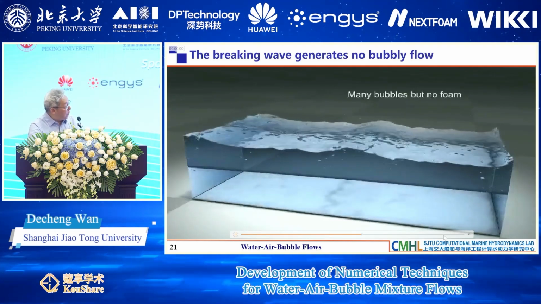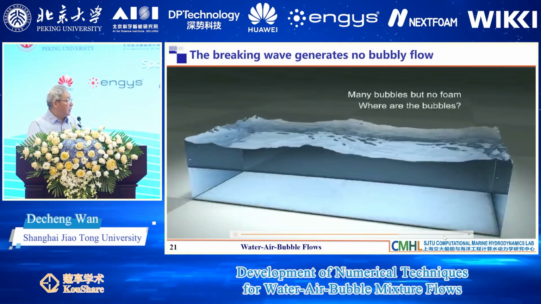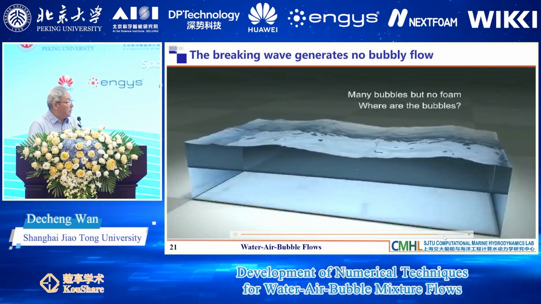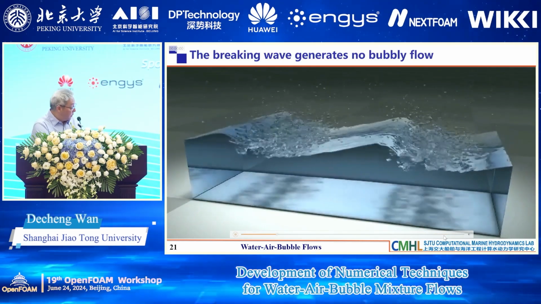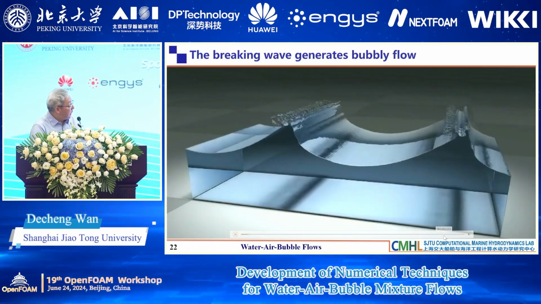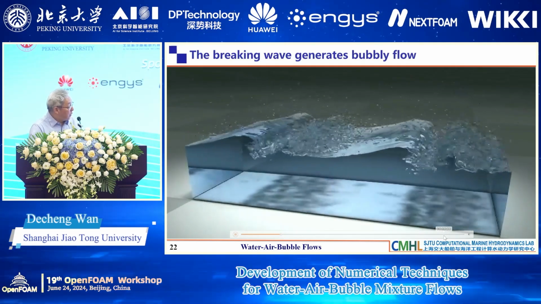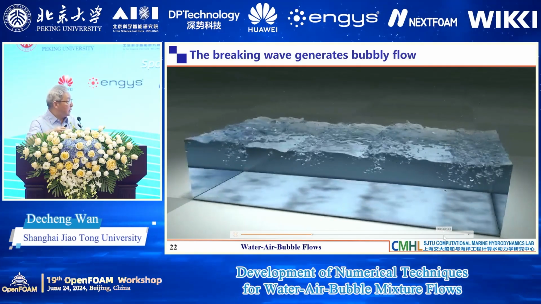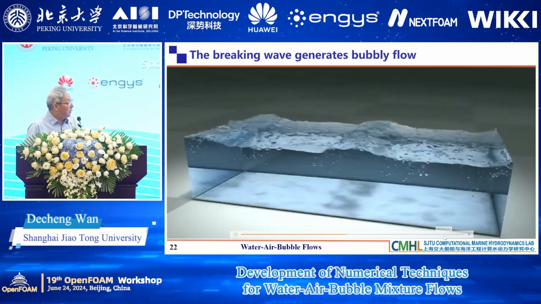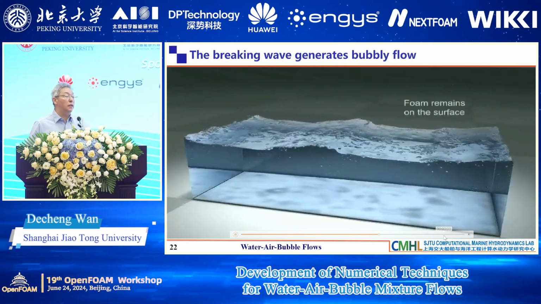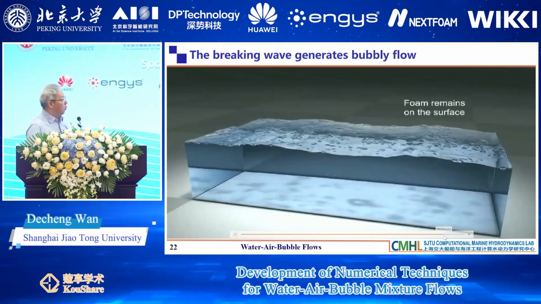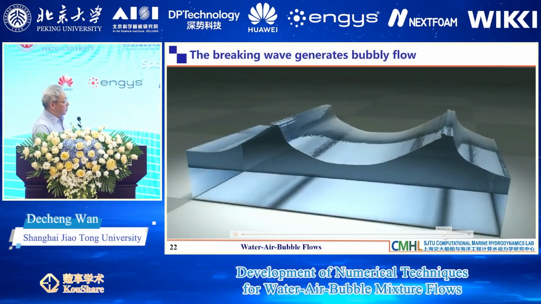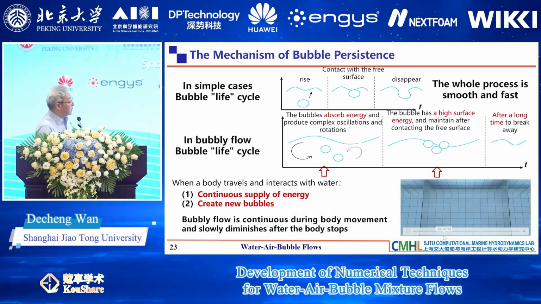There are many bubbles generated, but they disappear quickly. So this is no foam, no mixture flow, right? Okay, so this is another case. The bubbles are generated and they always exist in the water. So this is what we call foam flow, or air bubble water mixture flow. So this is some difference, right?